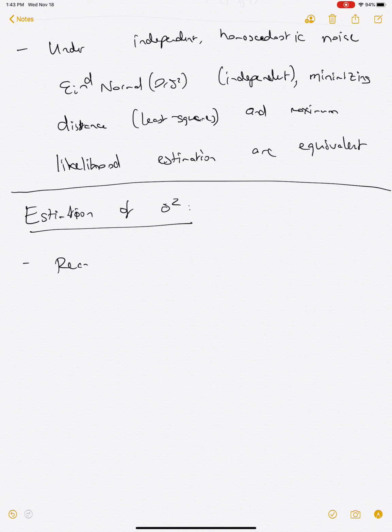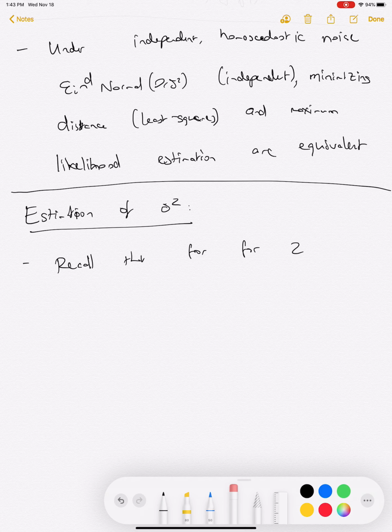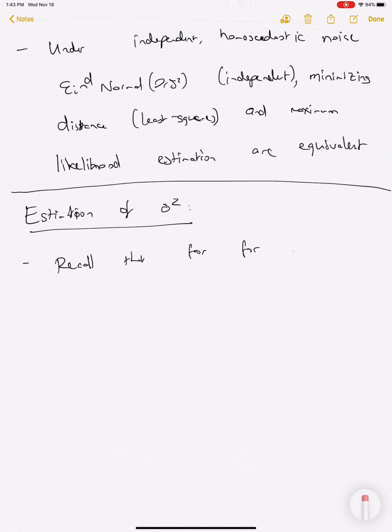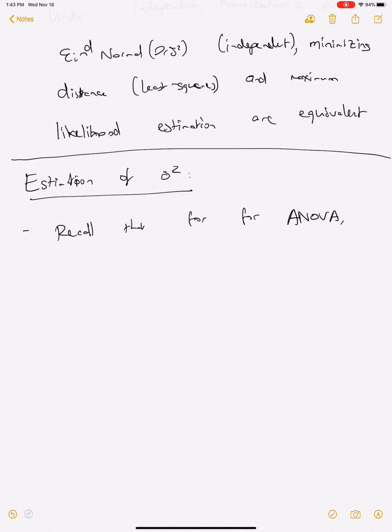So recall that for two-way ANOVA, and this is something that's very common throughout, sigma hat squared is SS error divided by the degrees of freedom.